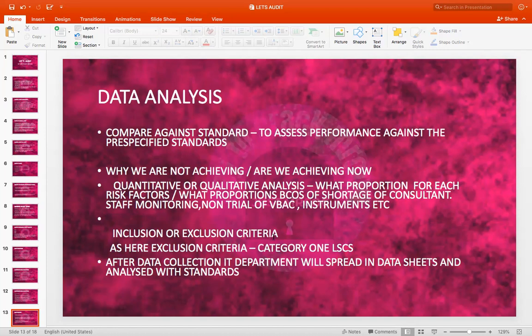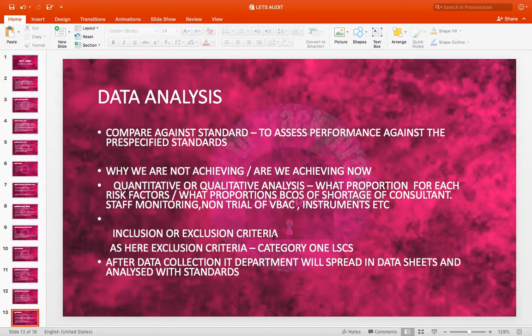inclusion or exclusion criteria. By any chance, if you get any other task and you are not able to find out what should be your exclusion or inclusion criteria, at least mention that we will take inclusion or exclusion criteria while performing the analysis or while making the pilot performer.